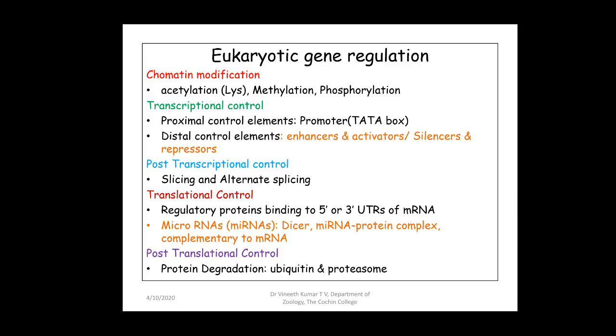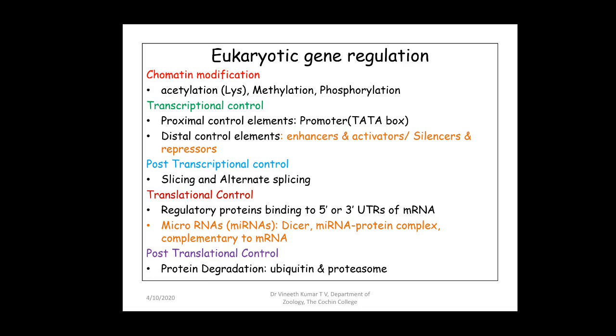So in eukaryotic gene regulation, the process from gene synthesis, from mRNA synthesis to protein production, is regulated at different steps. It is regulated at 5 different steps. Chromatin modification, which is the modification of histone.